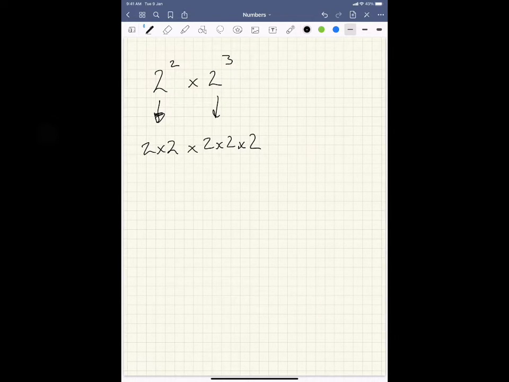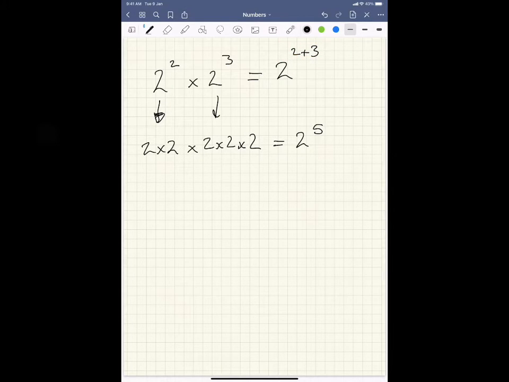Can you see now? It's a little bit clearer. This is 2 to the 5. So in fact, the rule is 2 to the 2 plus 3. If we have a 2 and a 3 power here, but we have the same base, we can just add together the powers.